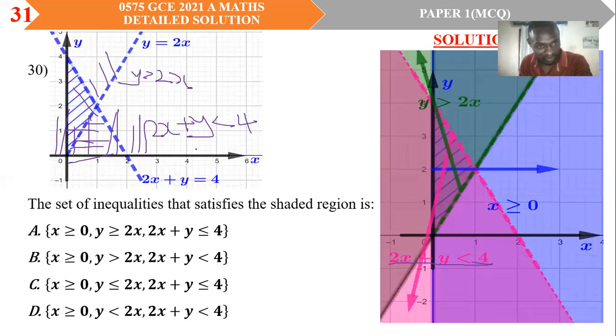This line is the x-axis. Now, another one, this is y greater than or equal to 0. This shaded region.